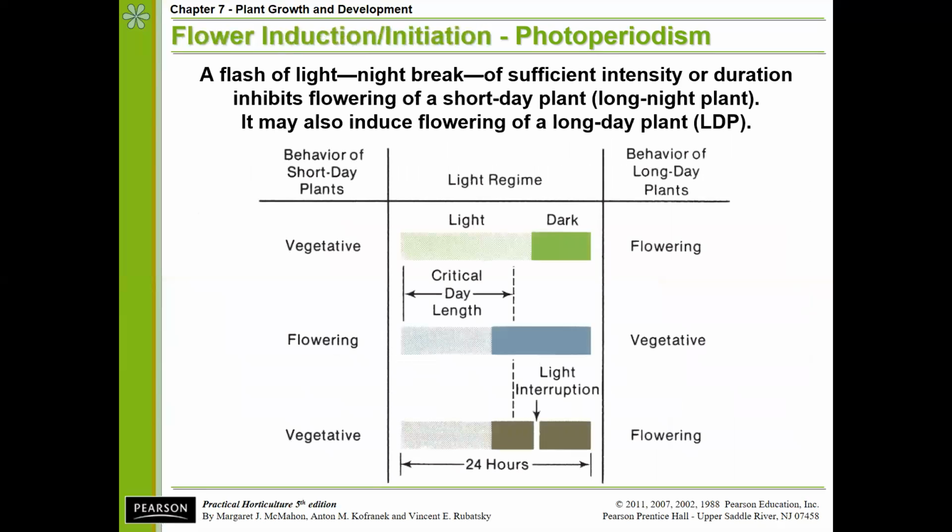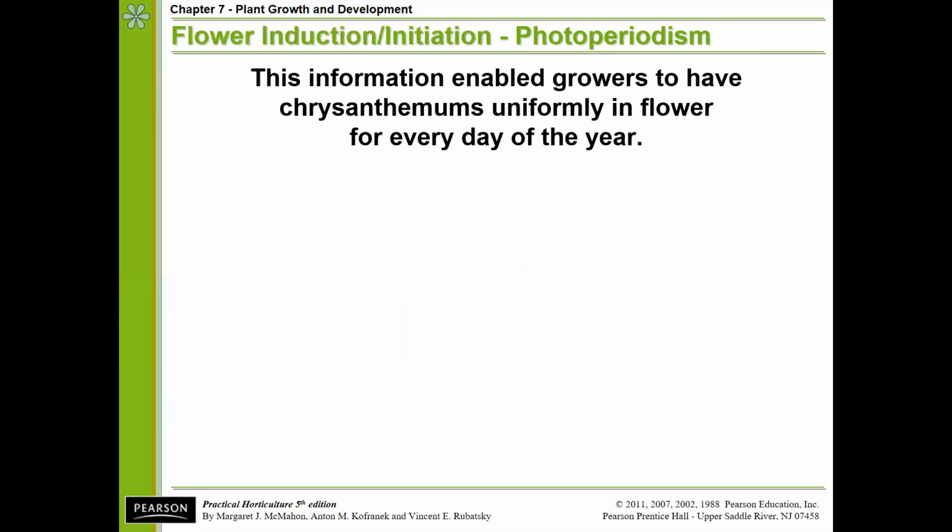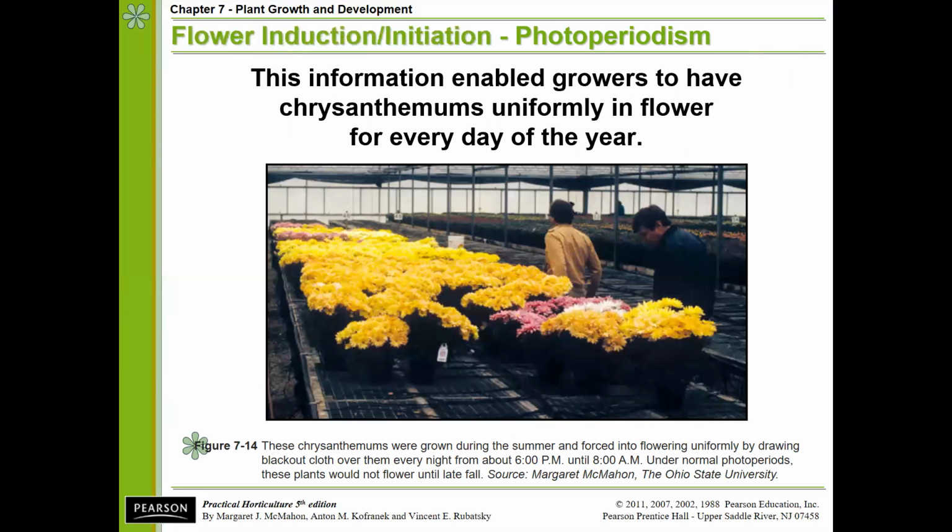Again, photoperiodism is important, the difference in night and day. We mentioned earlier short day and long day plants that flower in response to those differences in daylight. For instance, some popular examples, chrysanthemums.